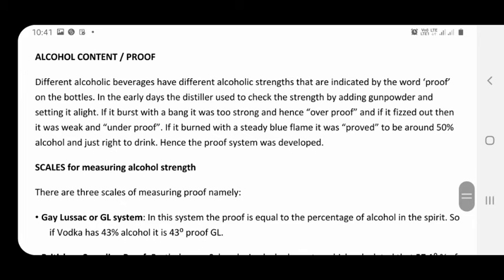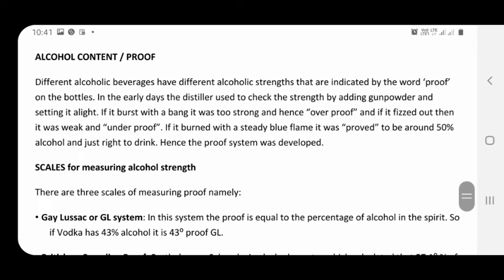If it burst with a bang, it was too strong, hence overproof, and if it fizzled out, it was weak, and underproof. If it burned with a steady blue flame, it was proved to be around 50% alcohol and just right to drink. Hence the proof system was developed. This is the way they did it earlier.